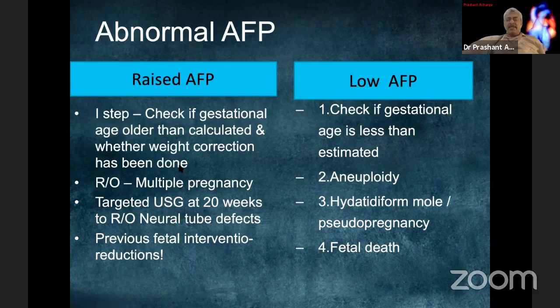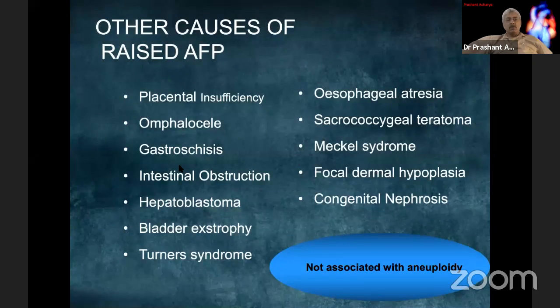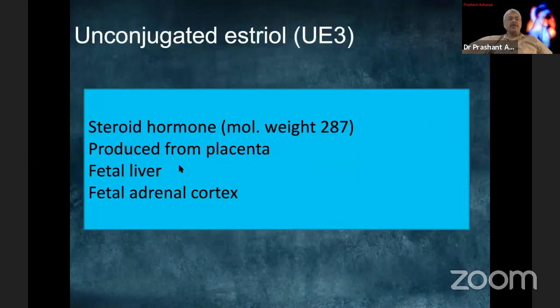If alpha fetoprotein is very low, I have also mentioned some of the abnormalities where it can go wrong. Other causes of abnormal alpha fetoprotein, I have just enumerated everything. Unconjugated estriol, that is UE3, is produced by the fetal liver, fetal adrenal cortex, and also the placenta.